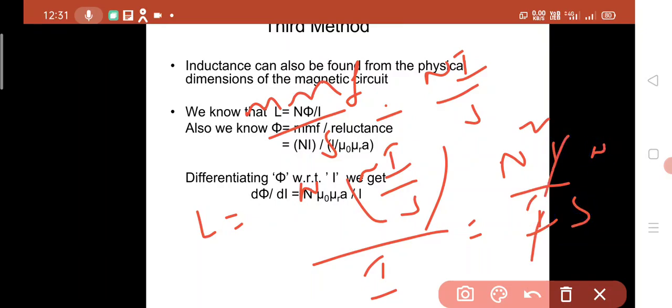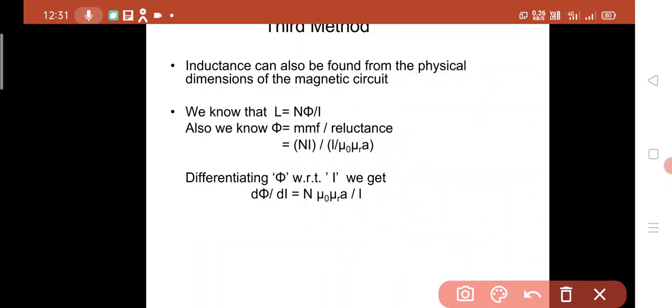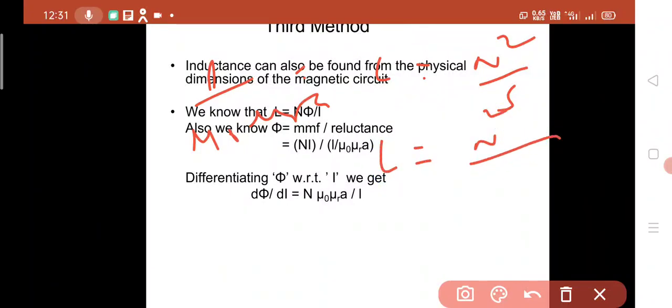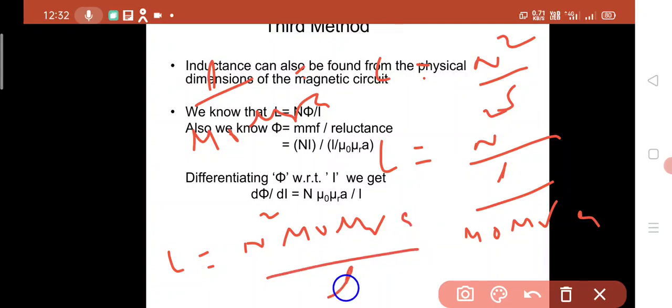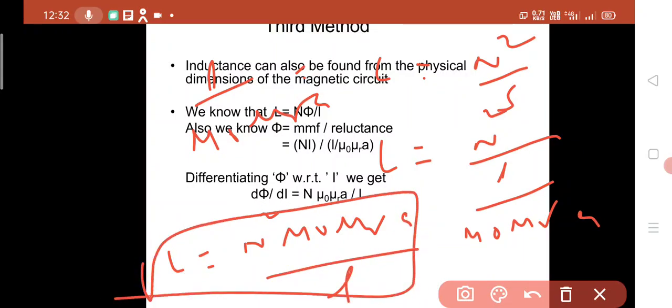The I cancels, so L is N squared by S. We know the reluctance formula: S is l by mu naught mu r A. Substituting the S value, we can write L is equal to N squared mu naught mu r A by l. This is the self-inductance in terms of the physical dimensions of the coil. This is the third method.